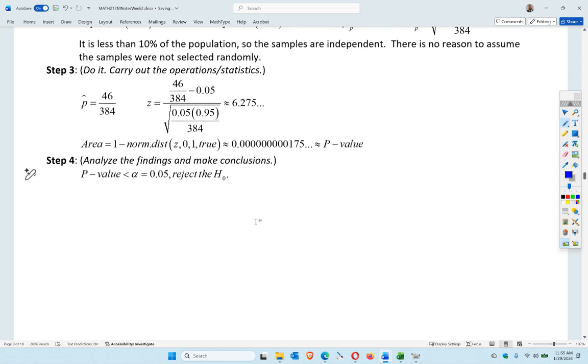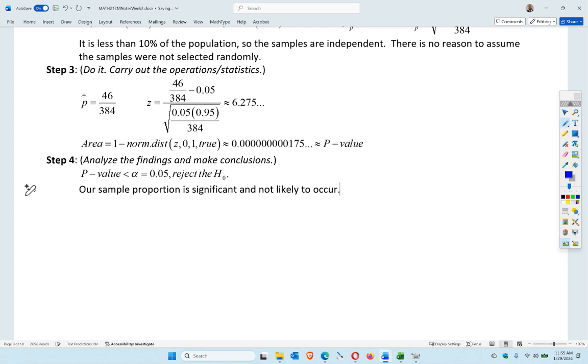Okay, so that means our sample proportion, because our sample is a proportion, is significant, right? And not likely to occur. What does that mean? If we did not reject it, that means that whatever sample we have is one that's common, and there's nothing out of the ordinary.